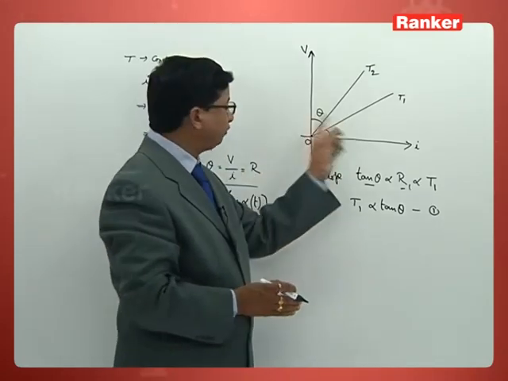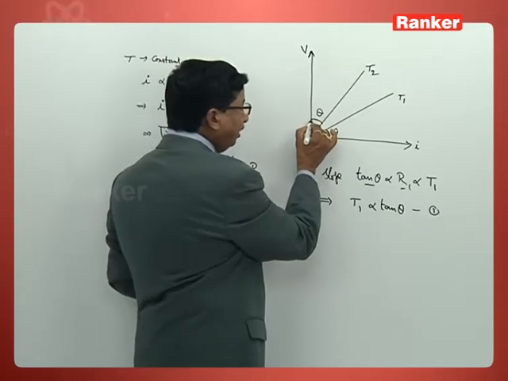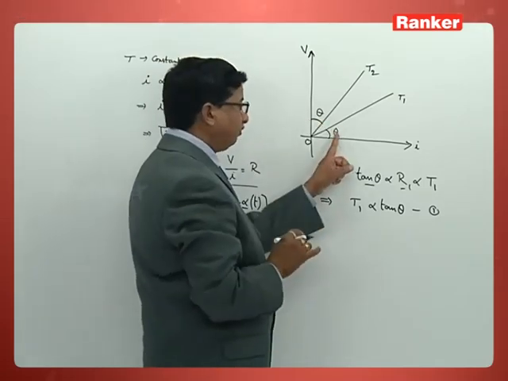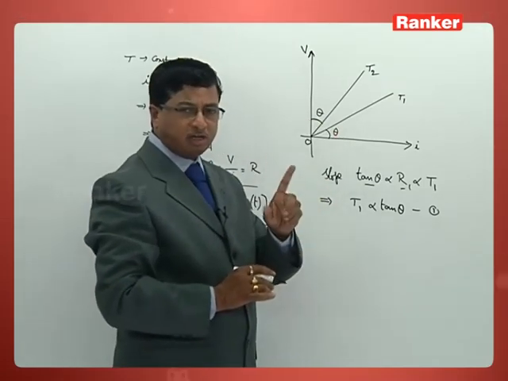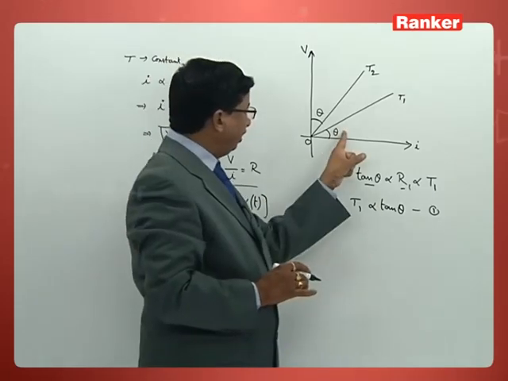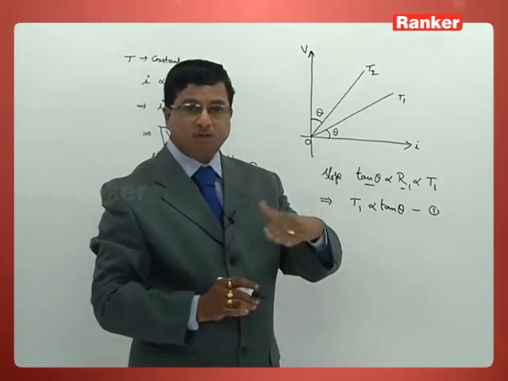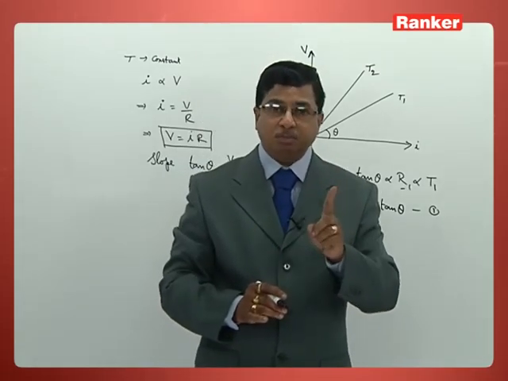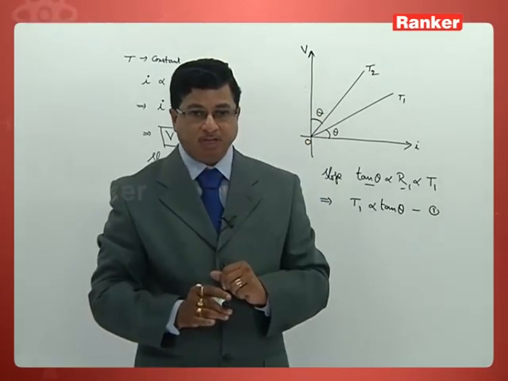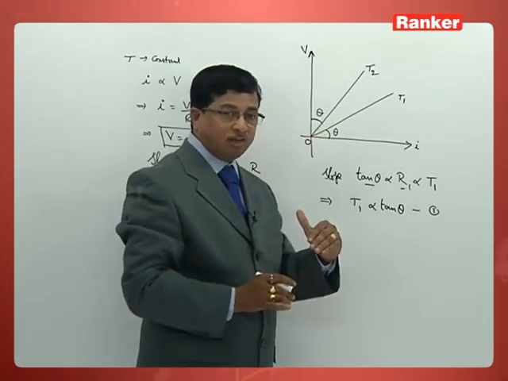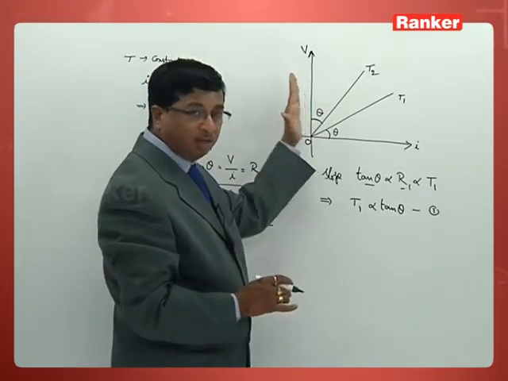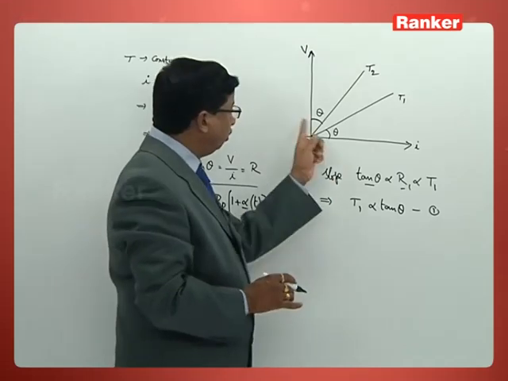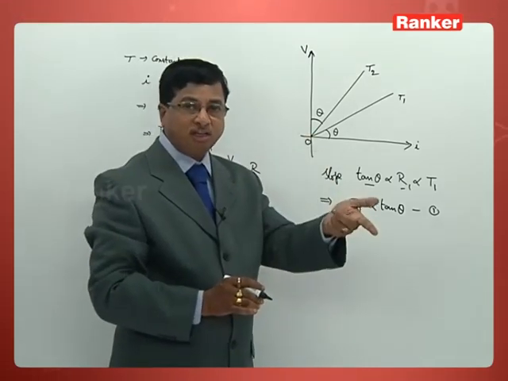Now this is angle theta. Look carefully, I have made it very clear in the beginning. If the angle is given with respect to horizontal, then tan theta becomes the slope. When theta is given with respect to the vertical, then the slope becomes cot theta.